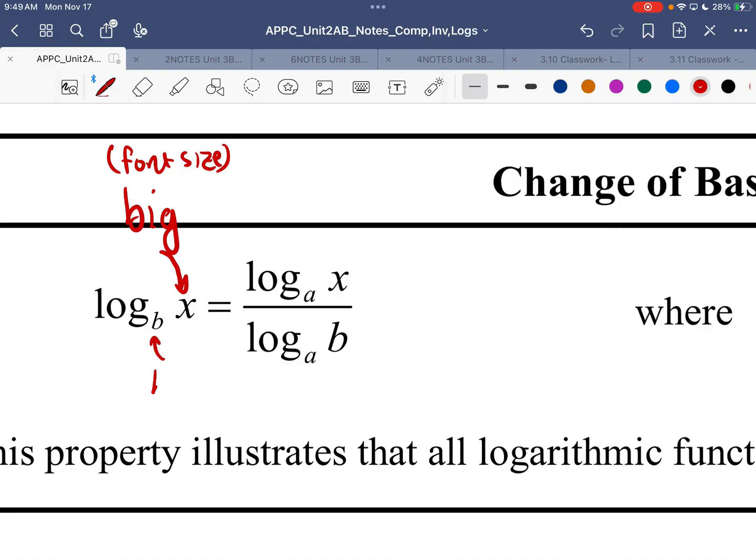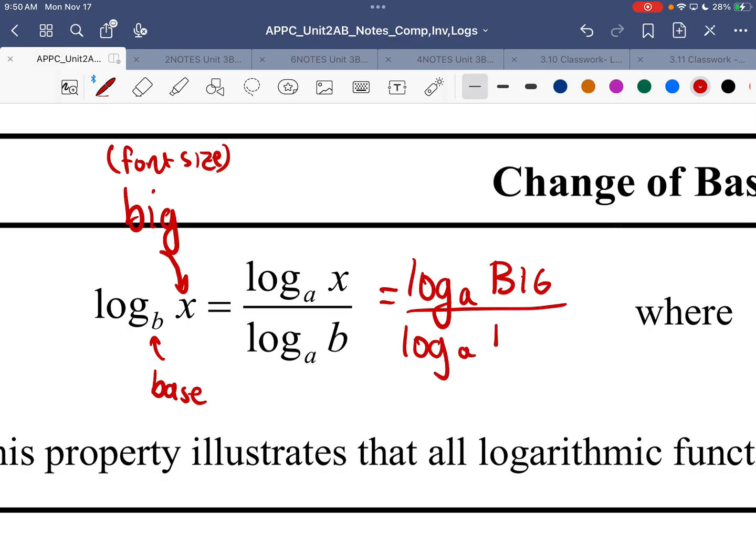And then we'll call this the base because it's the base. So when you do the change of base, you do log of the big over log of the base.